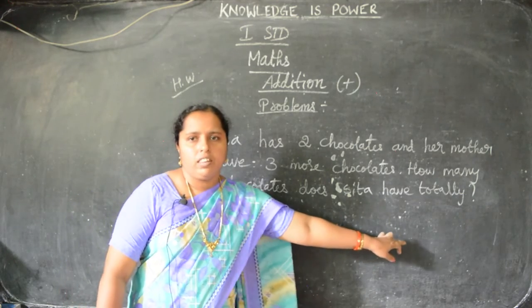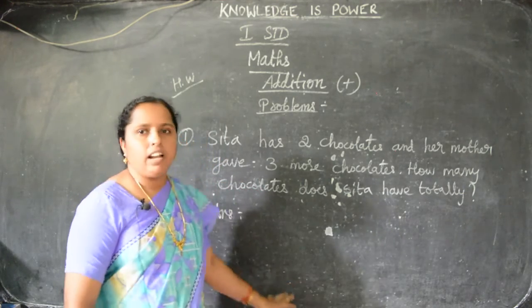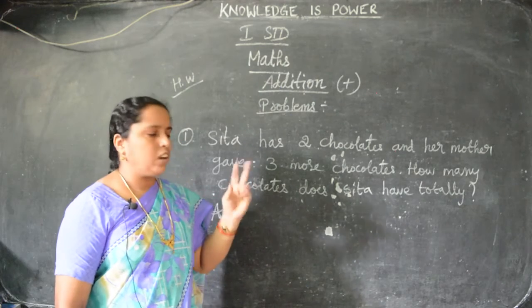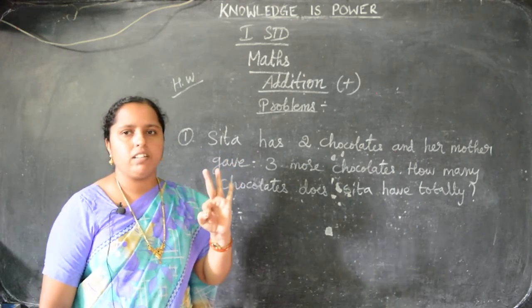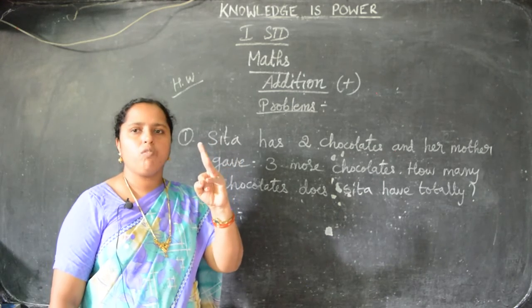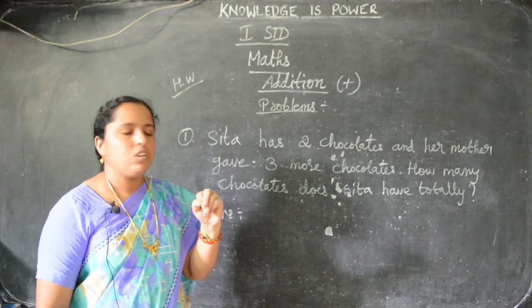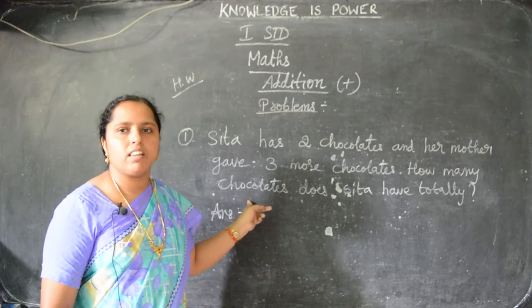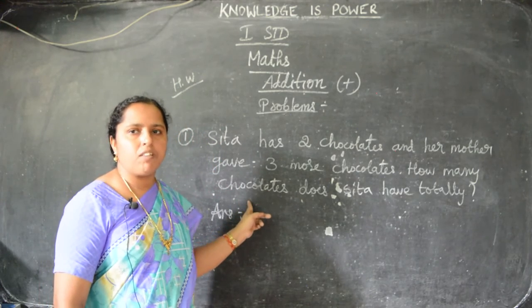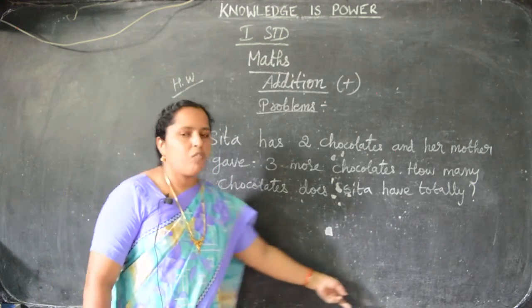For 3, 3 lines. Then after 2, 3, 4, 5. So the answer is 5. So finally how many chocolates is Sita having?